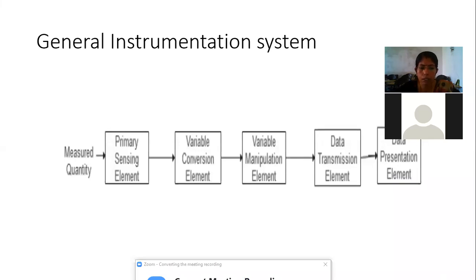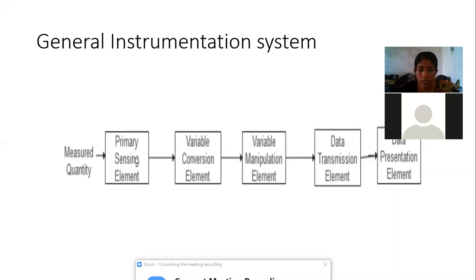That will be sensed by the primary sensing element, which converts it normally into electrical energy. It may be an analog signal. The primary sensing element is also known as the detector transducer stage.